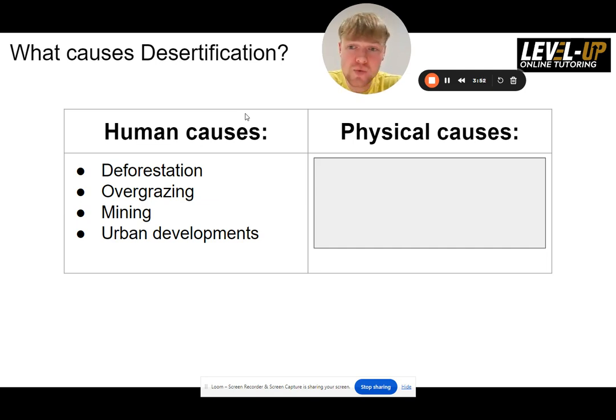Mining obviously is a huge one. It impacts the physical landscape, again causing erosion. We may undertake the task of mining, we may deforest some areas, so you can see there's a bit of an interrelationship there. And it's the same with urban developments as well. In order to urbanise an area, we may deforest that area.